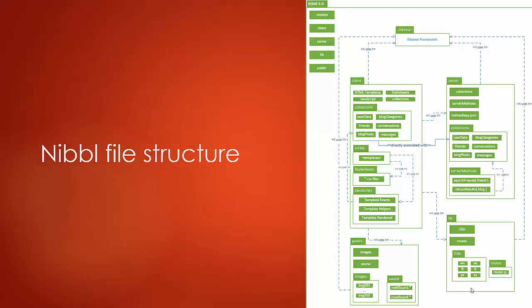And finally, I will talk about the Enable file structure. Enable is made up of 5 main files. These are the .meteor folder, the client folder, the server folder, the lib folder, and the public folder. The .meteor folder contains the Meteor framework structure and some of the installed packages.